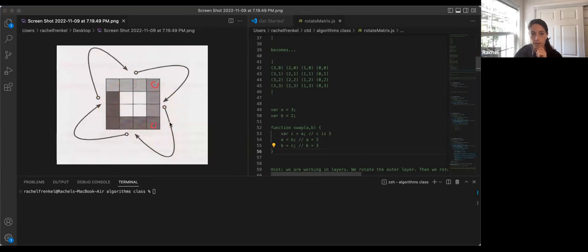And then this guy is going to go over here, right? And it'll keep going. So we're going to go each one by each one. First, we'll swap all the corners, right? This guy goes here. And now this guy goes here. So we just swapped all the corners.